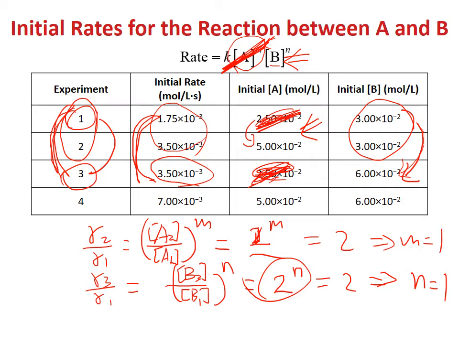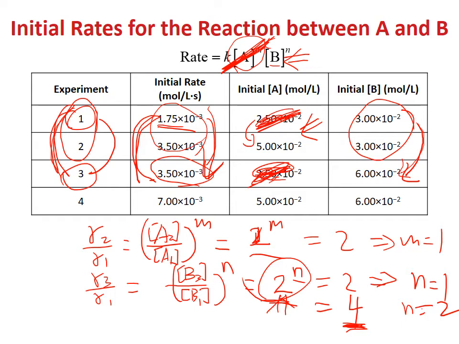But then when we measure the reaction rate, this is the data: from 1.75 times 10 to the minus 3 to 4 times that, so the ratio equals 4. So this is the theory, and if this is the experimental data, the reaction rate increases 4 times. Then for 2 to the nth power to become 4, n has to be 2, and then it is a second order reaction.